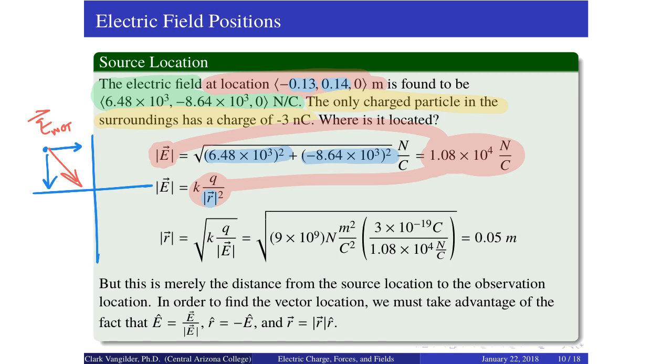So literally rearrange this equation till you get R. K is already known. Q was given. And this was obtained by the Pythagorean formula.